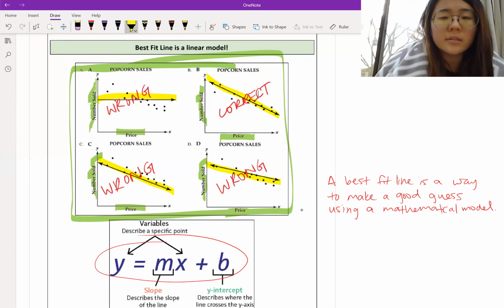Two, it should have about an equal amount of data points on either side.